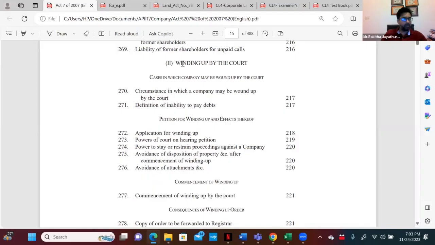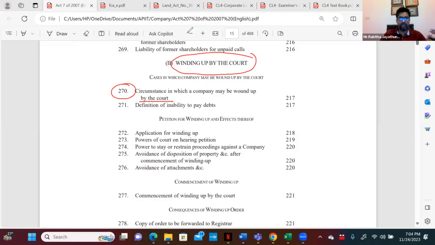We should be able to find the relevant section. Here, winding up by the court. Here you have the answer. They're asking for the circumstances, the instances where a company can be wound up by the court. You just have to find this section and repeat it in your answer booklet. You can easily score 5 marks.